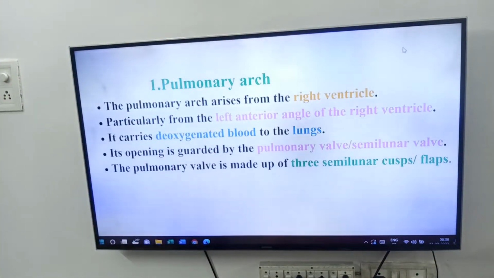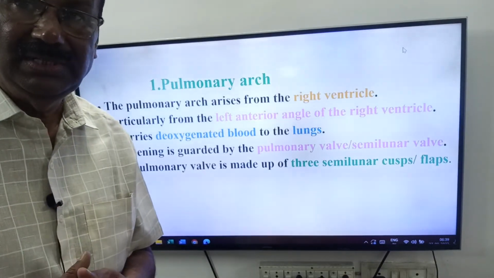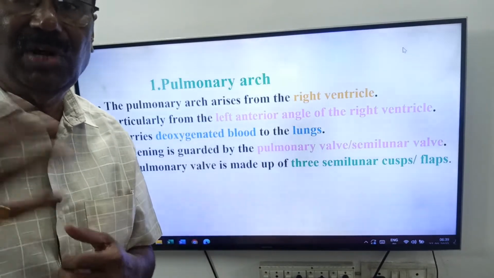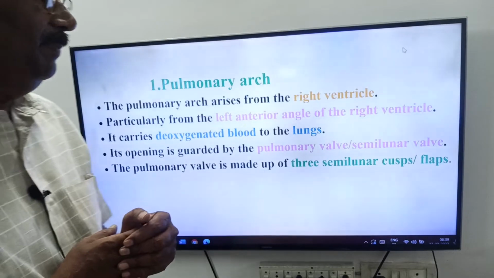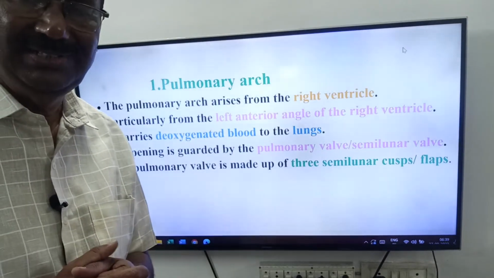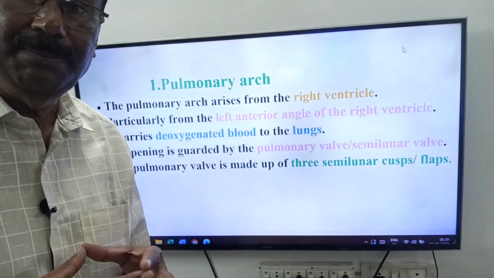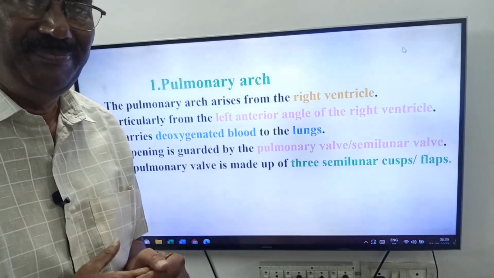It carries deoxygenated blood to the lungs for purification. Its opening is guarded by the pulmonary valve, or semilunar valve.